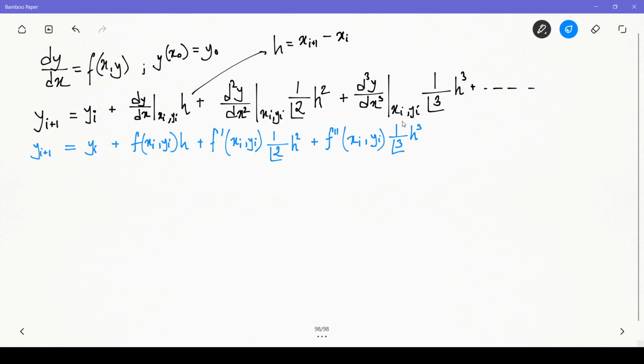So this term becomes this, and the rest of the terms will be, let's mark it as ellipsis.